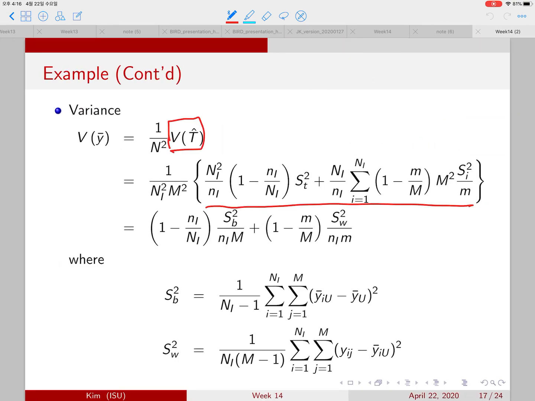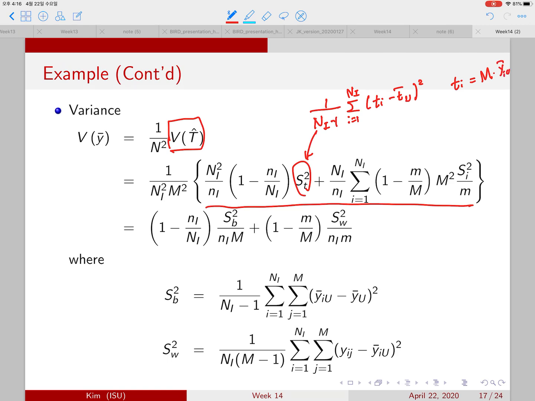And then note that this term is 1 over N minus 1, the sum over i equal to 1 to capital N of t_i minus t bar U. And t_i is M_i y bar_iU, right?